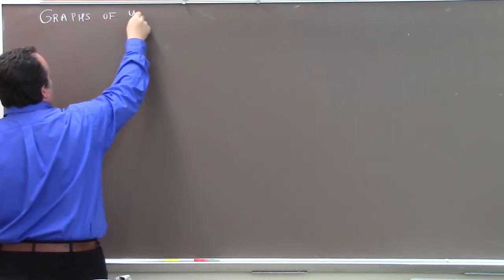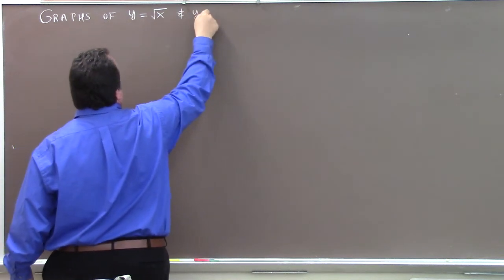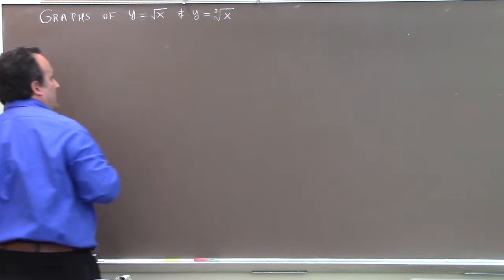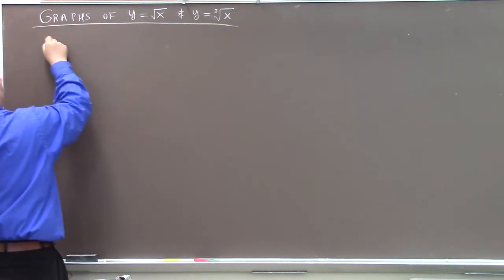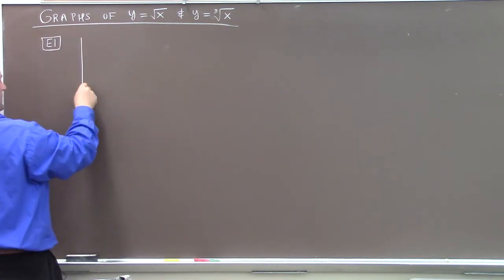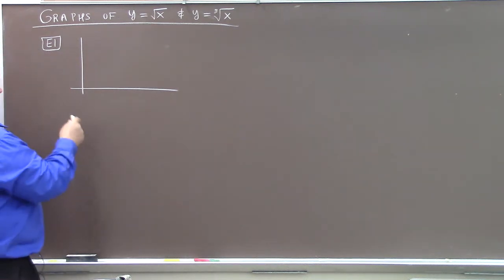Of y equals the square root of x and y equals the cube root of x. I'll call it example 1, square root of x. All right, so what's the domain of the square root of x?